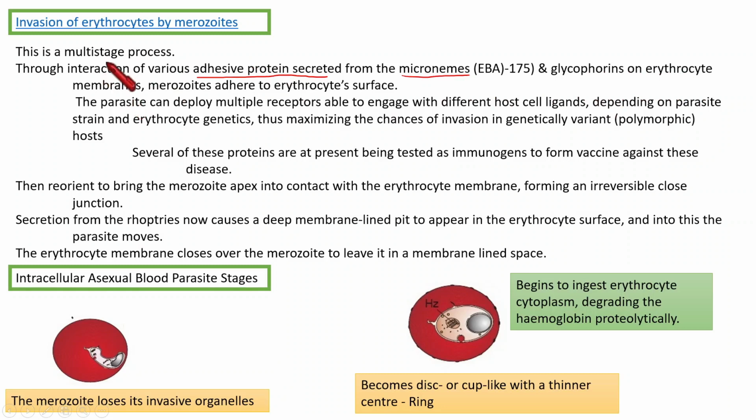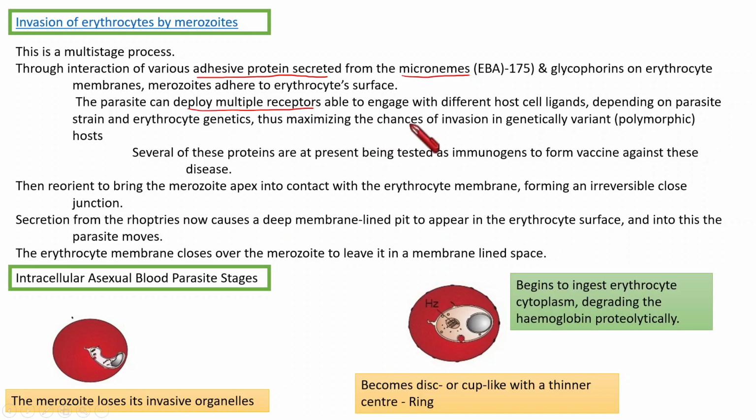So through that interaction, these merozoites come closer to the erythrocyte surface. And at the time of that association, this parasite deploys multiple receptors. Why deploy multiple receptors?